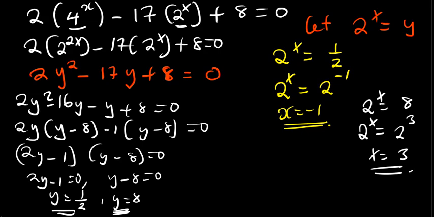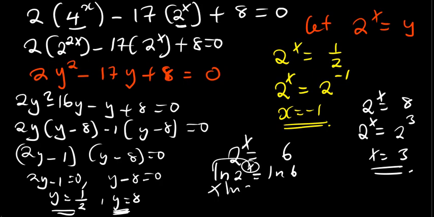If you can't make the base the same, you introduce ln on both sides. Like in this case, let us assume that we have a situation where 2 to the power x is equal to 6. You can't make the base the same, then you introduce ln on both sides. The property of log allows you to shift the power to the front.